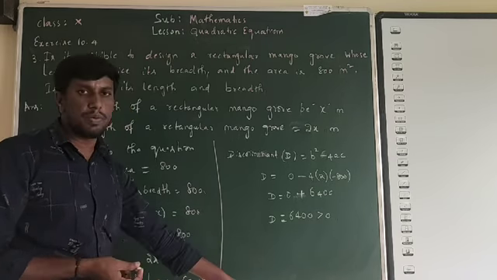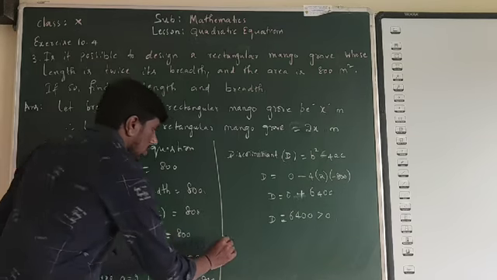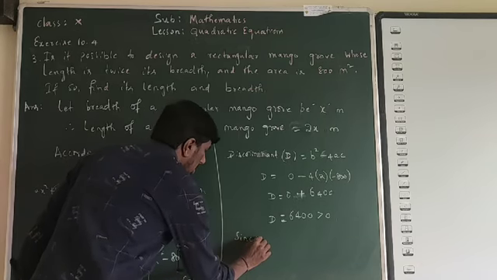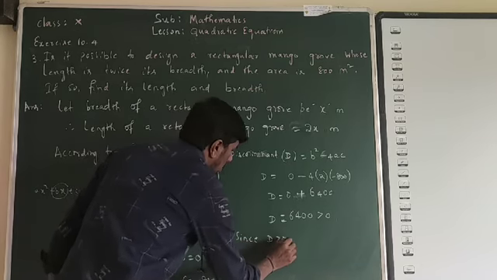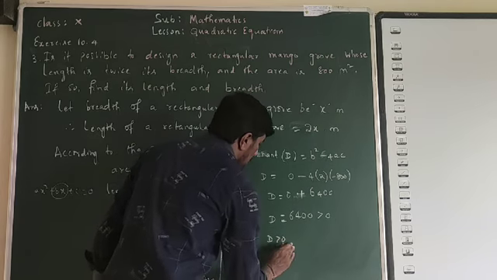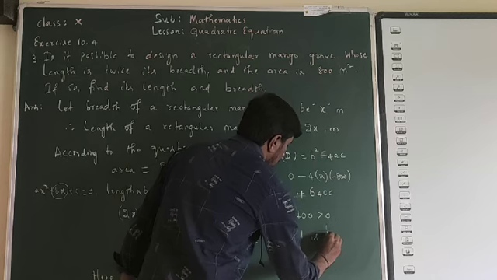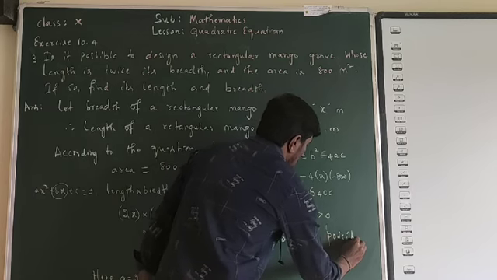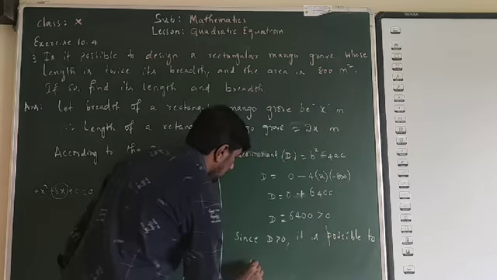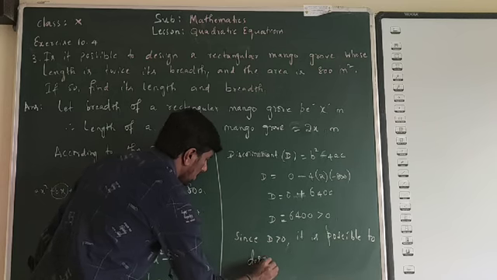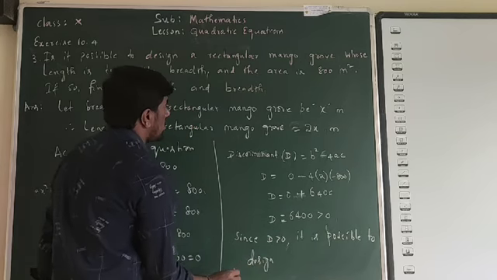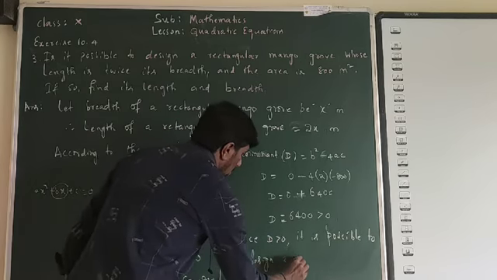So, since it is possible, here since d is greater than 0, it is possible to design a rectangular mango grove.